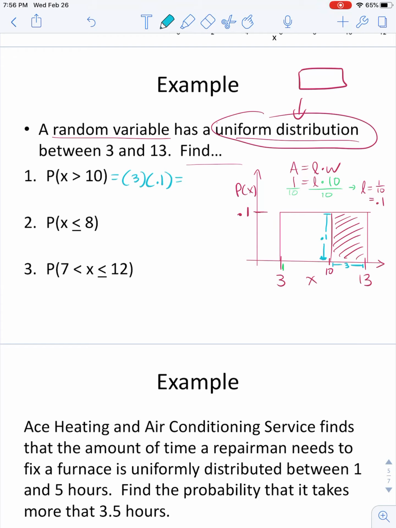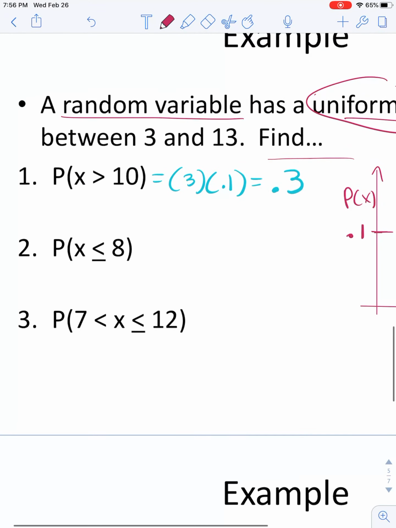So I go to my calculator if you need to. 3 times 0.1 equals 0.3. And that's our answer there. So what we're doing is finding the area that goes with the statement. Now, let me go ahead and redraw this one for a probability of less than 8.